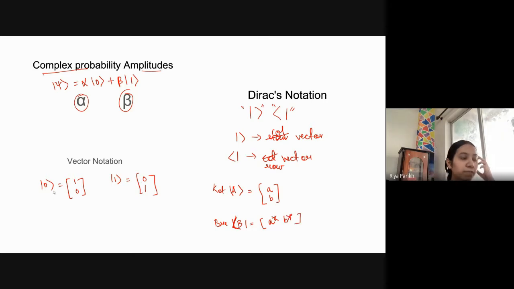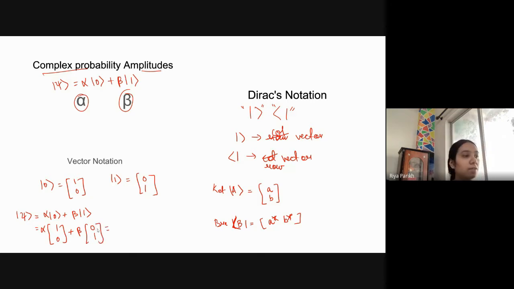And if we try to write our state 0 and 1 in terms of psi and the alpha and beta values, it will be that psi is equal to alpha times 0 plus beta times 1. So we can replace the 0 and 1 values here: alpha times the vector 1, 0 plus beta times the vector 0, 1.